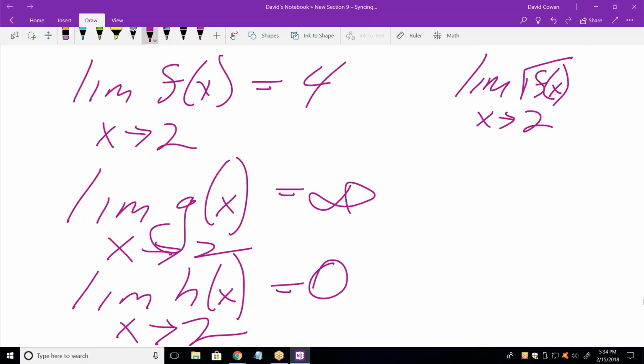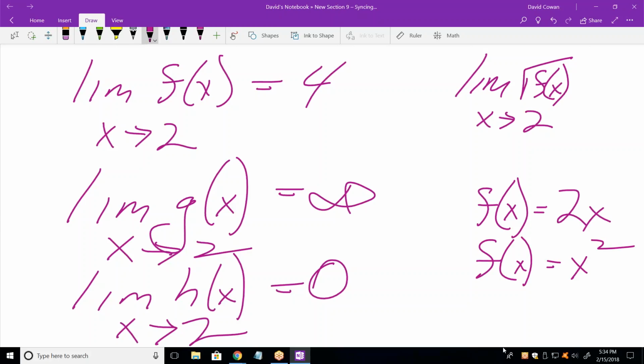So the limit of f of x equals 4 as x approaches 2. So yes, that could be a couple of things. That could be that, right? Or it could be this. So, wow, these are weird limit problems.